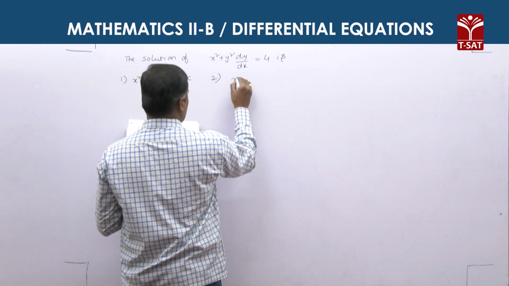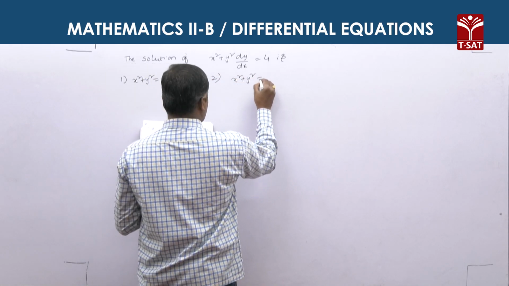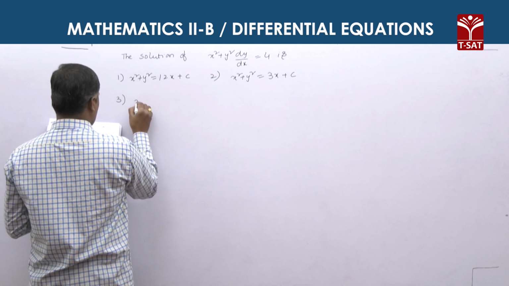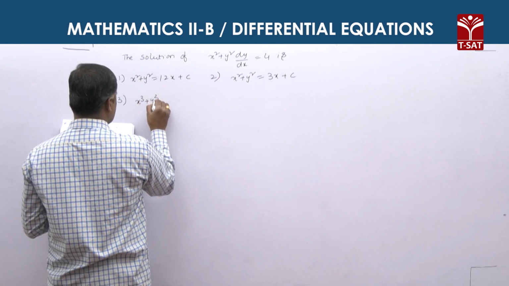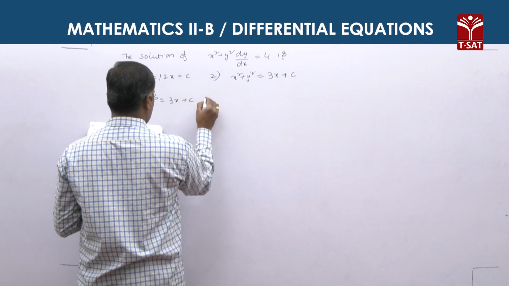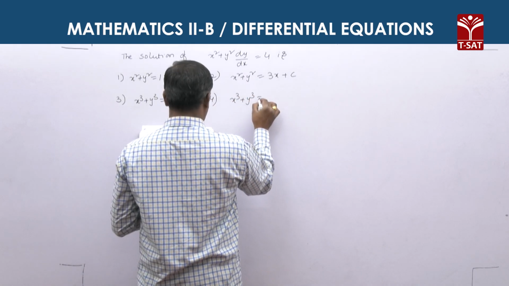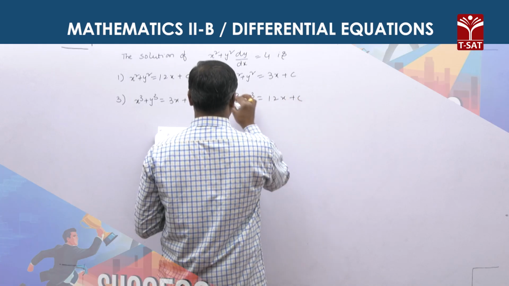Second option, x square plus y square is equal to 3x plus c. Third option, x cube plus y cube is equal to 3x plus c. Fourth option, x cube plus y cube is equal to 12x plus c.